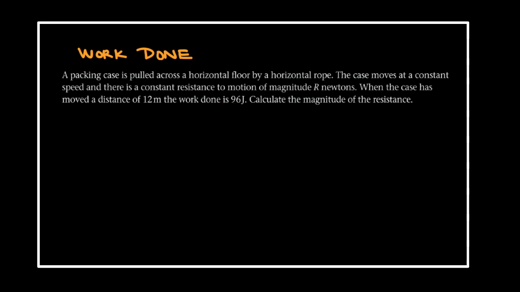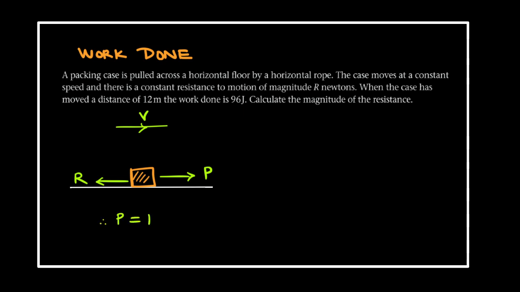Calculate the magnitude of the resistance. So very first thing is drawing a horizontal floor. Second thing is that let's draw this case. Now there is a pulling force. Let's call it P. There is a resistive force. Let's call it R. Since the case is sliding with a constant velocity, therefore P equals R.